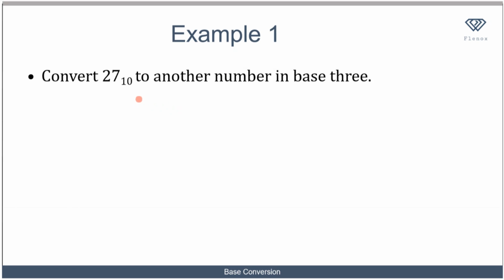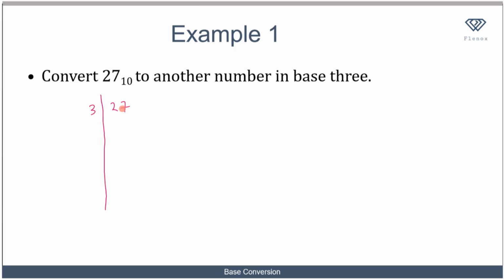So now let's look at this example, which is convert 27 in base 10 to a number in base 3. What is the first step? It says we have to divide the number by the base we wish to convert to, using long division, in this case 3.